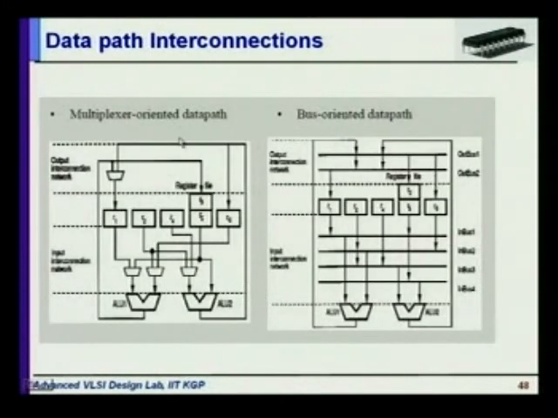Data path interconnections may be of two types. One is mux based. Between the register file you will put some muxes. So if the left input of the function unit takes R1 in one time step and R6 or R5 in another time step, you have to use a mux to control the input to the function unit. So this is one possible way.